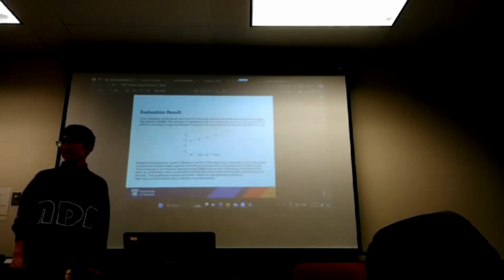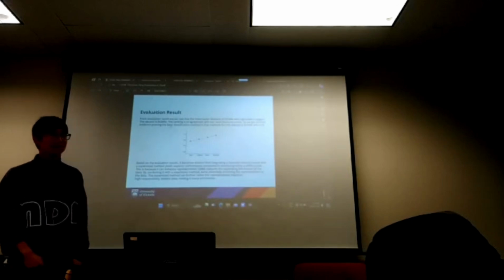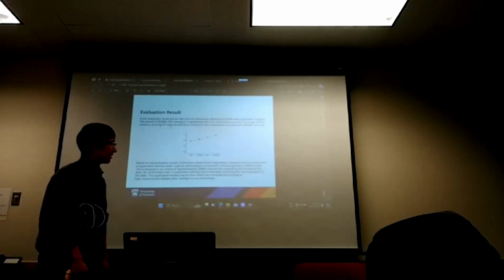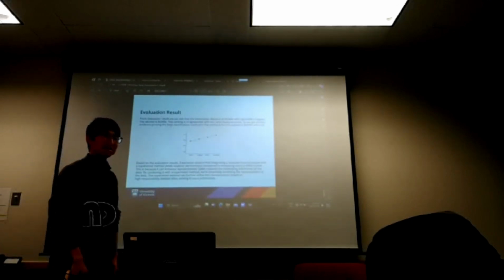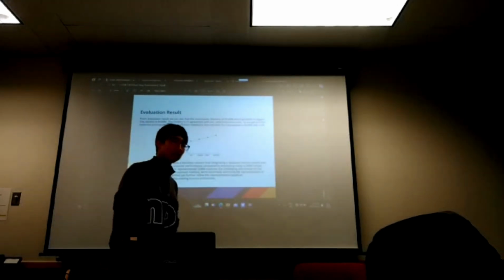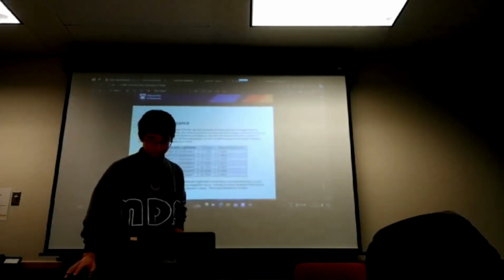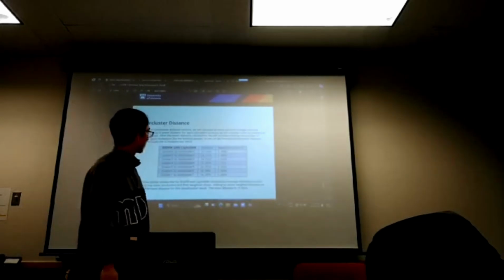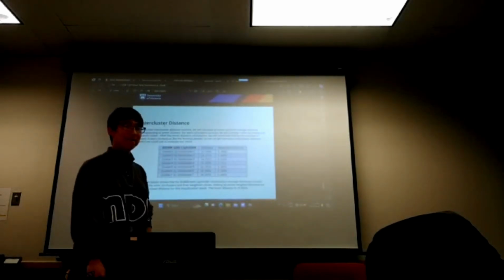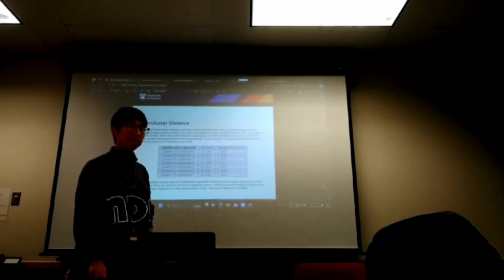Any questions? I just want to ask about the results. So you compare the inter-cluster distance between the centroids of each cluster, and you compare between the models. Yes, each model.